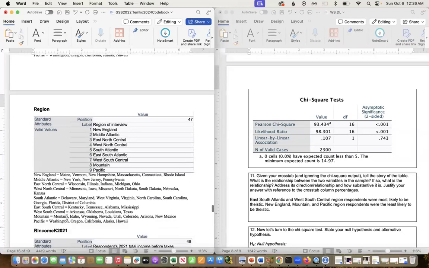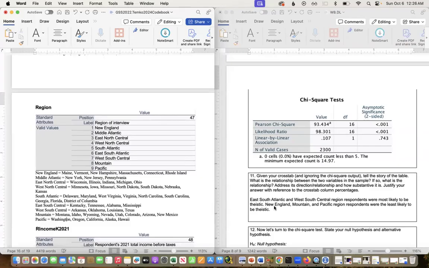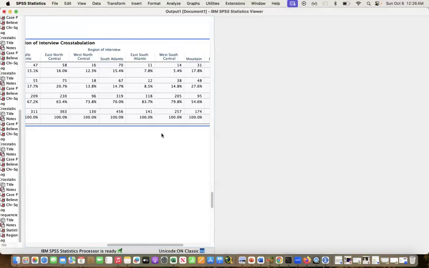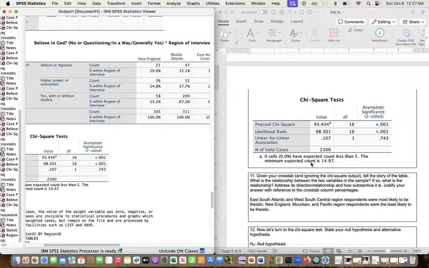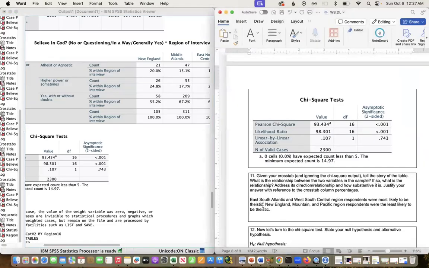Hawaii. Okay. So then if we look at these other rows, so going back to this one, we can see that those two are definitely also the least likely to be agnostic or atheist. Those two that we said are the most likely to be theistic.